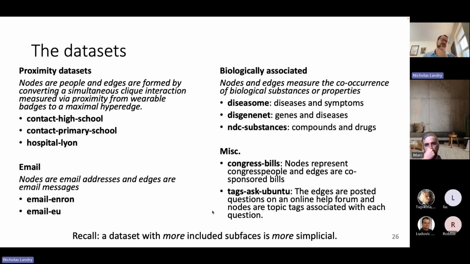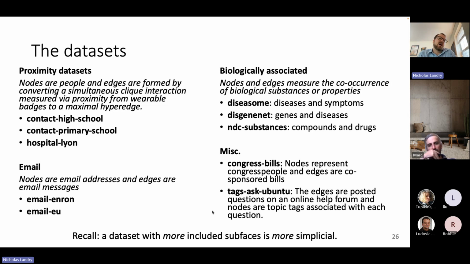And I briefly talked about email data sets with the email Enron. And this is basically where nodes are email addresses and edges are email messages between those addresses. Thirdly, we've got biologically associated data sets that are just co-occurrences between biological substances or properties. So for instance, here I've got the diseasome, where I've got diseases correlated with symptoms. DisGeNET, which correlates genes and their diseases.